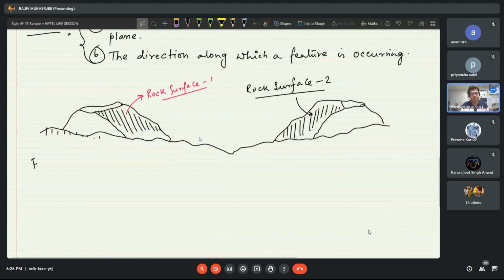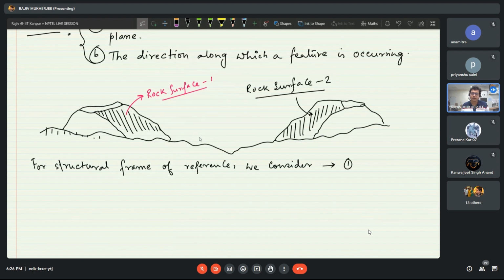So for the structural frame of reference, we consider one horizontal plane and one vertical plane, right?